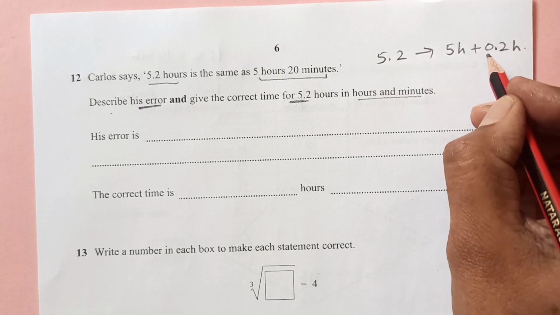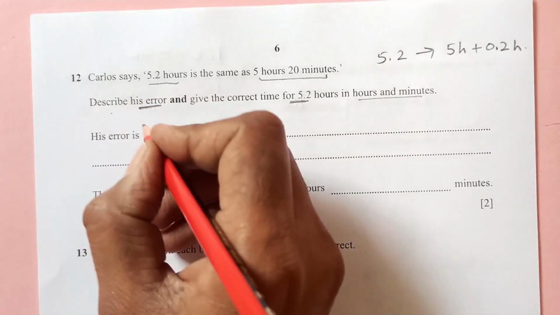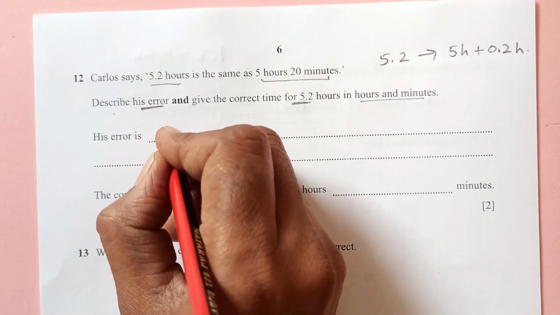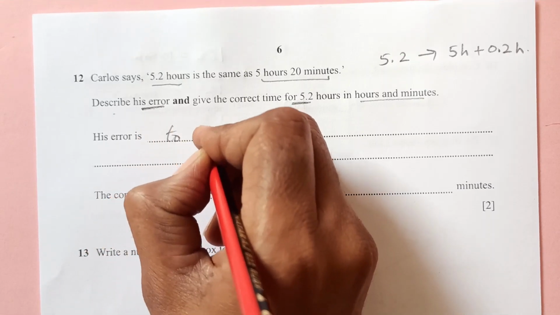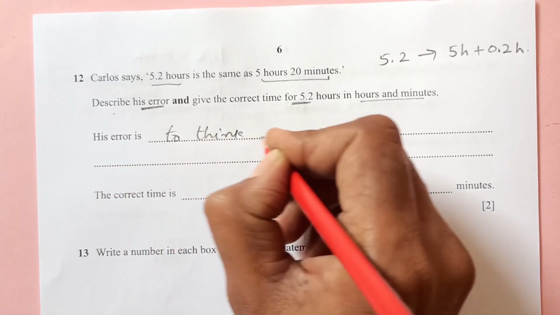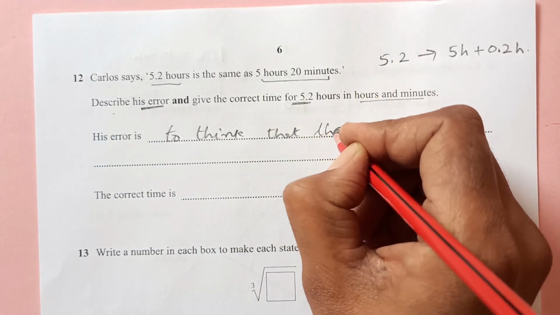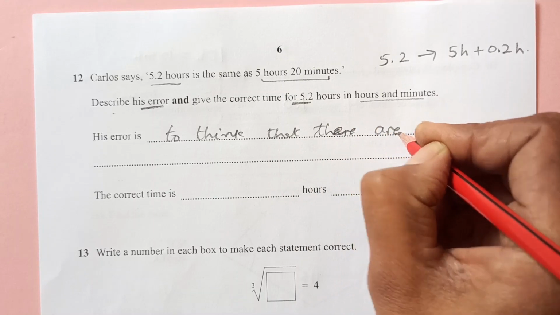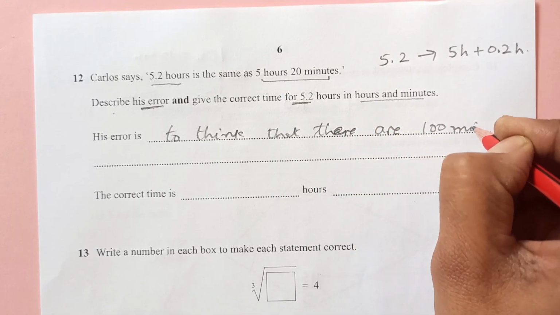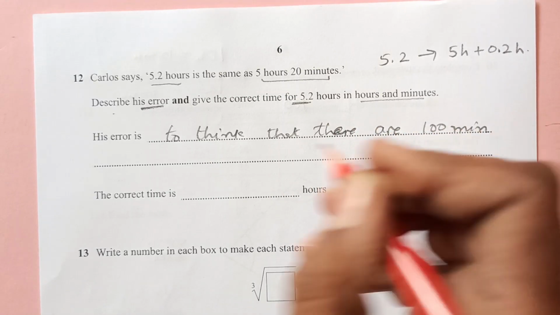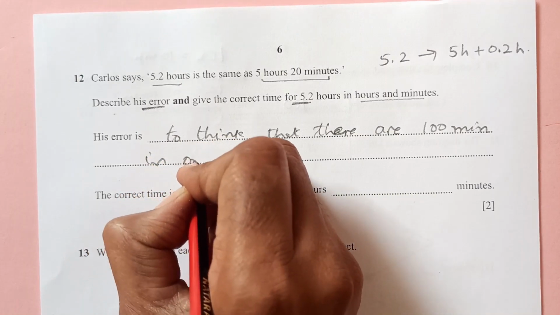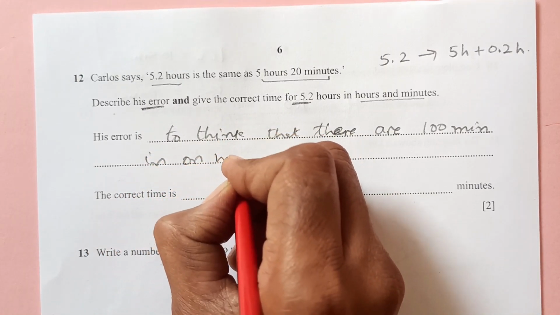So his error is that he thinks there are 100 minutes in 1 hour, right?